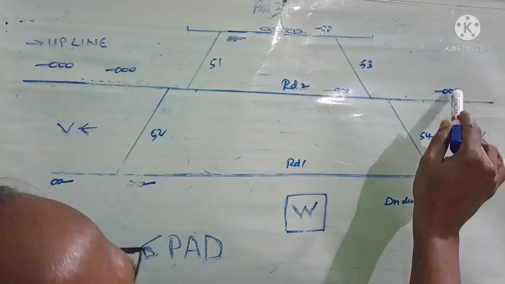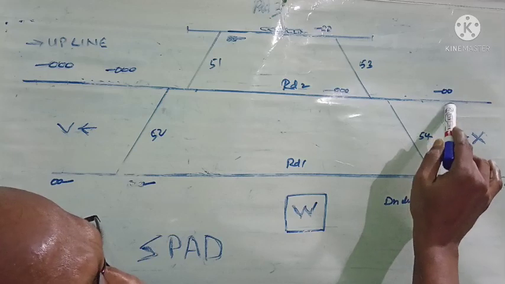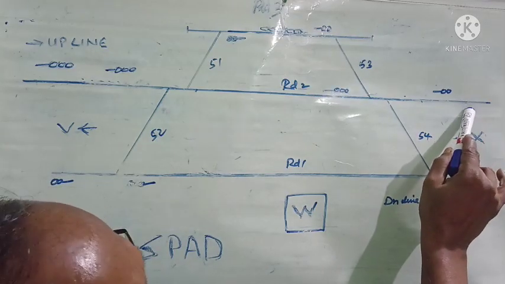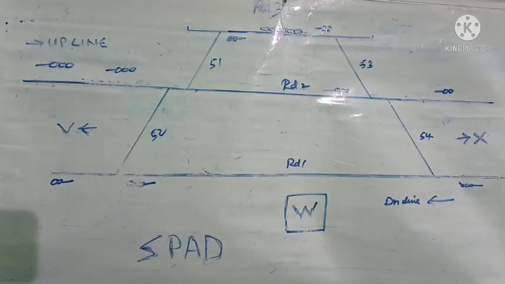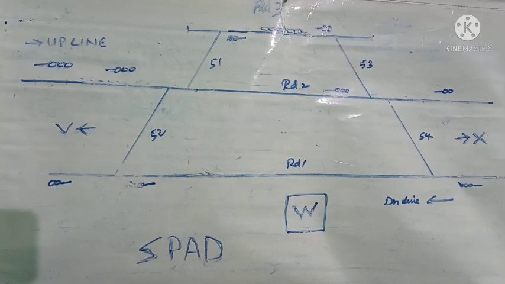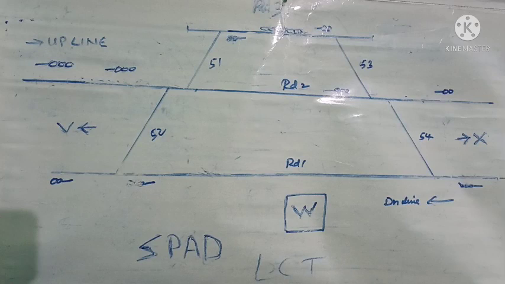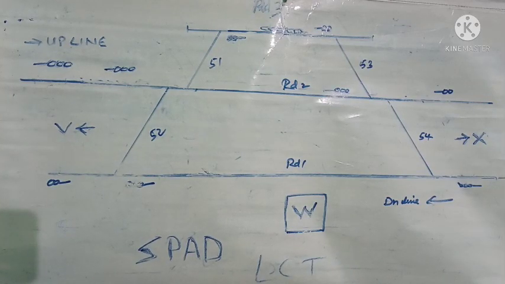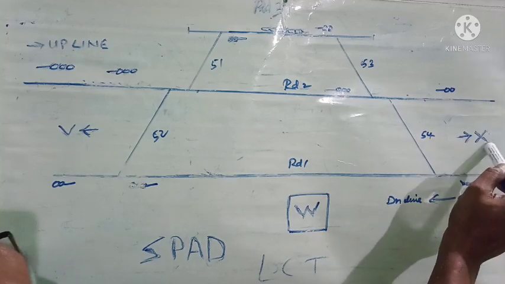Here the authority is off position of advanced starter. Here without the off position of advanced starter, train has entered the block section. So it will be backed to road 3 and the block working will be suspended. Block instrument working will be suspended, and here the loco pilot will be issued with the LCT, line clear ticket. Loco pilot will be issued with the line clear ticket after getting again line clear from the station master X.